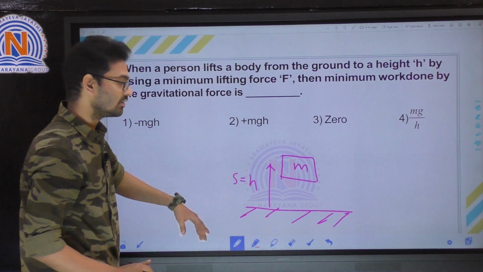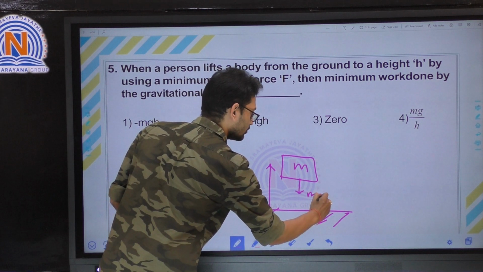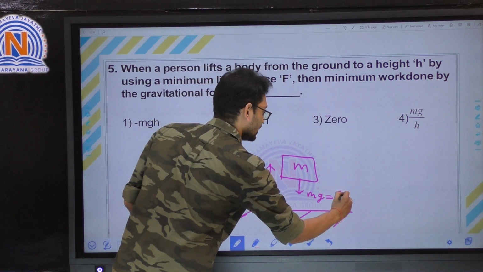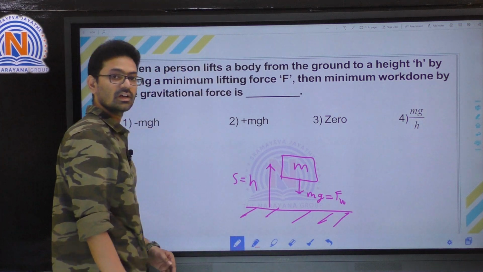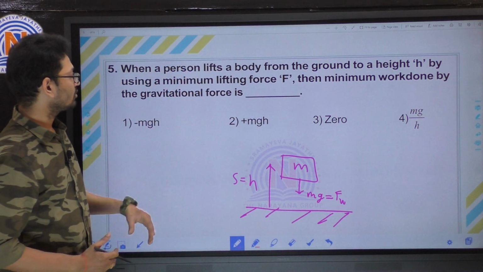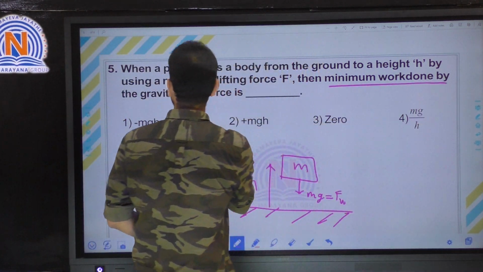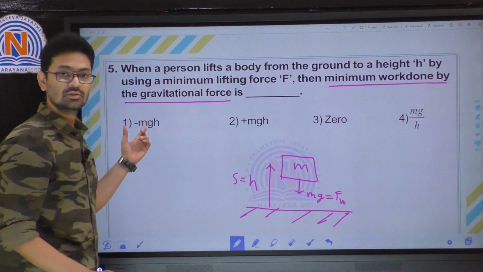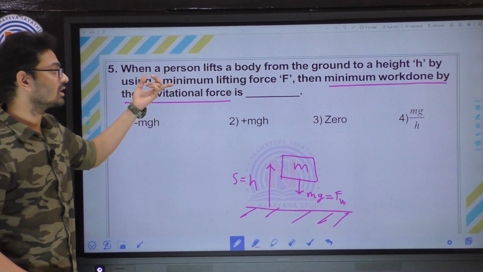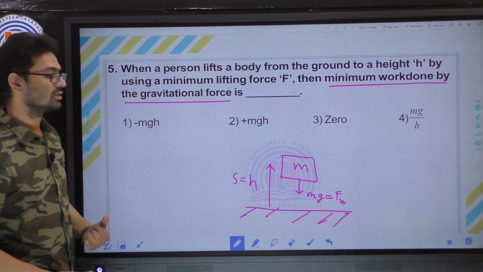Now who is going to act downwards? mg is going to act downwards, which is nothing but the weight force, Fw. Now let us talk about these two vectors. The minimum work done by the gravitational force, that is to be noted. Previously it was the minimum work done by the man to lift that thing, but here it is the gravitational force.